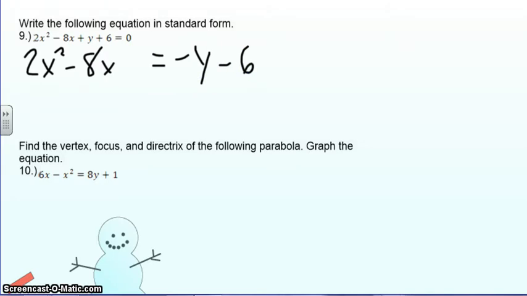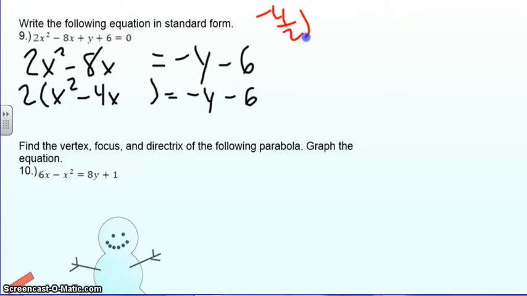Okay, my next step is to actually do completing the square. So, to do completing the square, we're going to take out the 2. X squared minus 4x. Remember, leave a space. So completing the square, it's like what we normally do, like we do for the hyperbola and ellipse. All right, so negative 4, take half of it and square it.